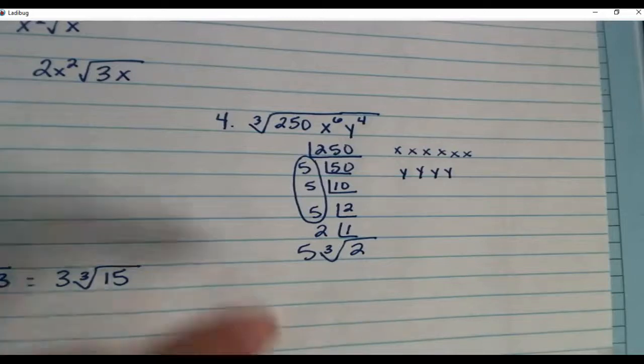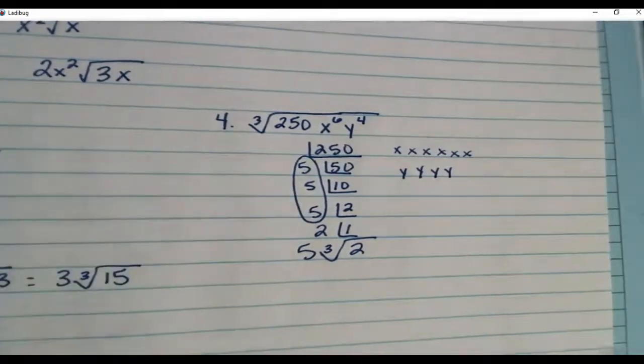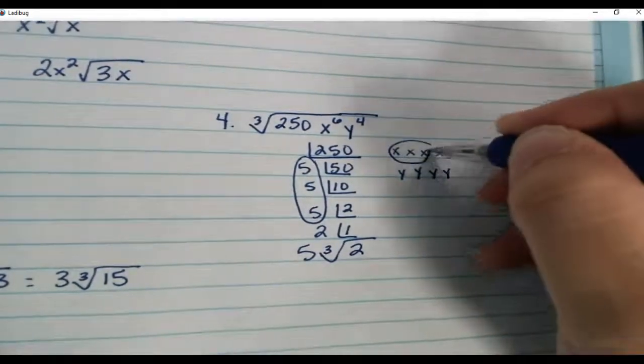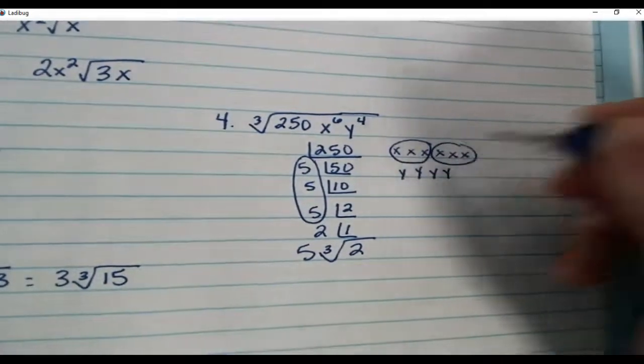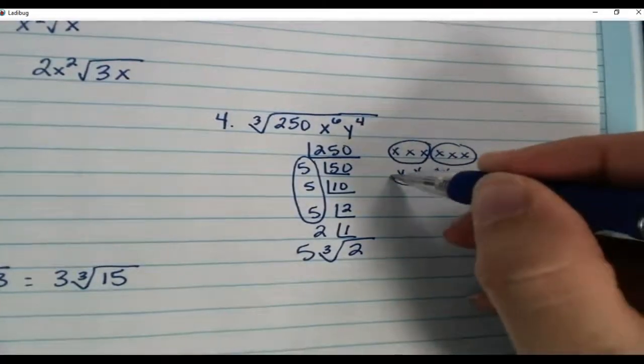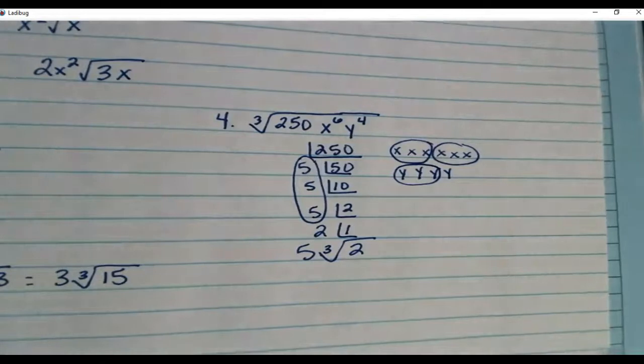Okay. So just like we need 3 5s, we need 3 x's and we need 3 y's. So I've got 3 x's here and 3 x's here. And I also have 3 y's.